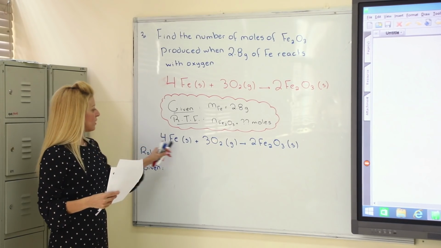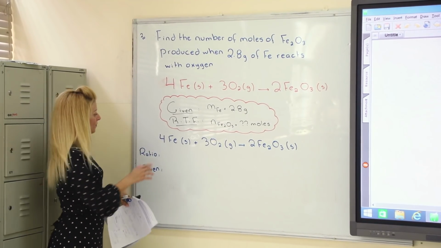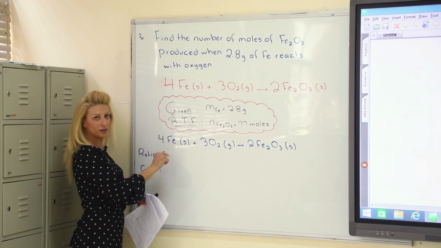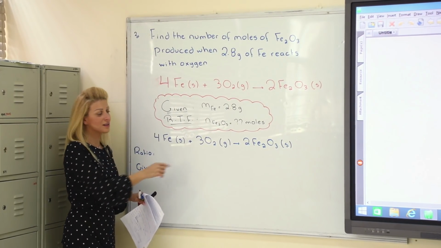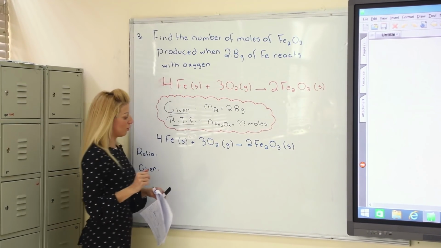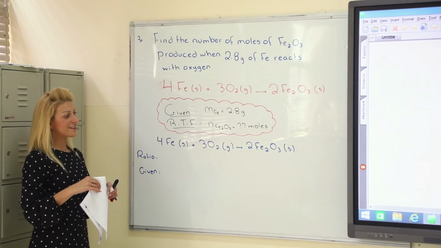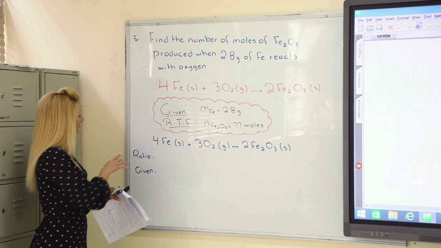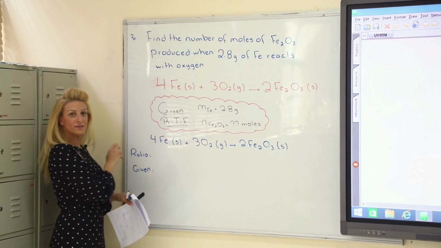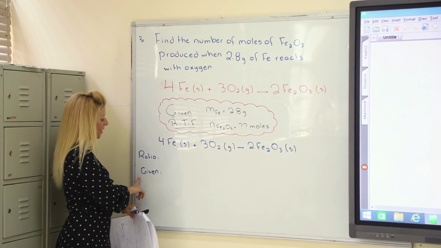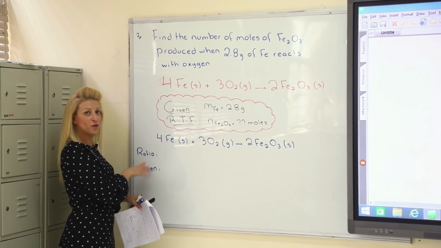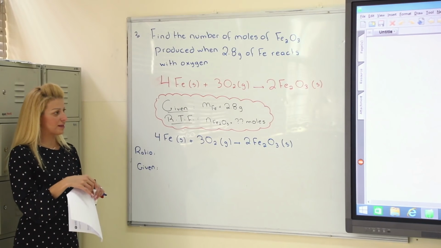So I rewrote the equation out: 4 Fe solid plus 3 O2 gas gives 2 Fe2O3 solid. The next step, we have to write the ratio in the most convenient form and the given before we can do any cross multiplication.